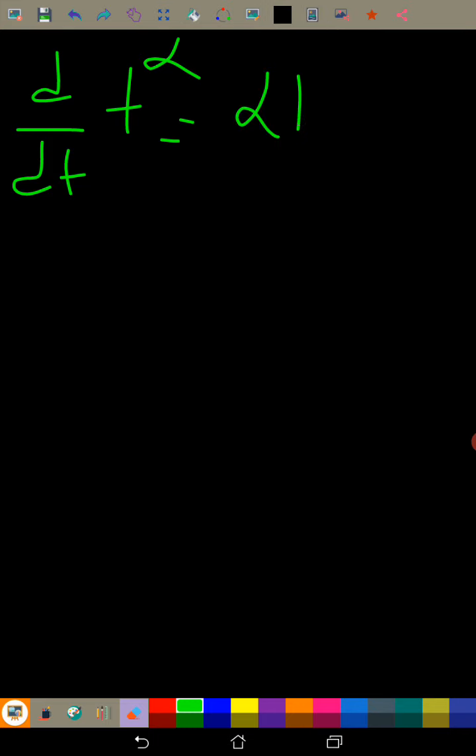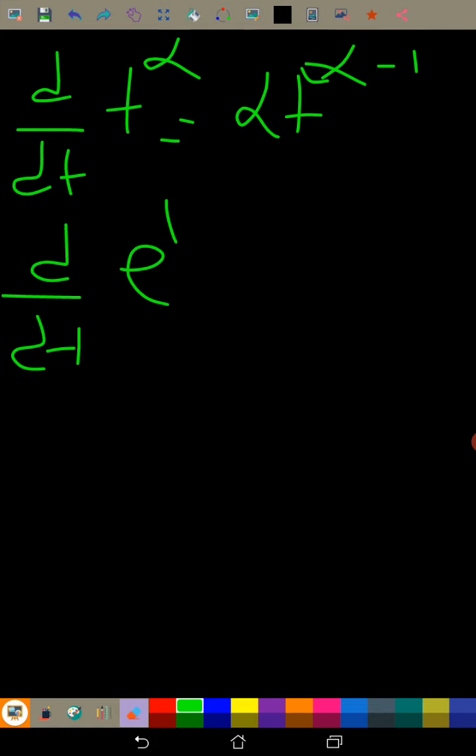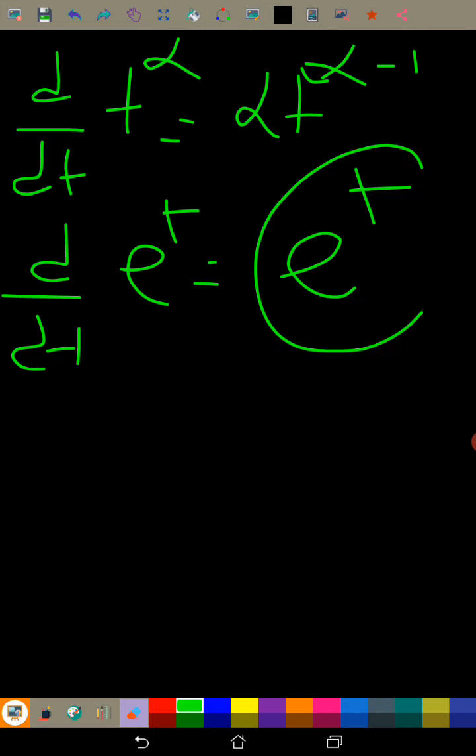So we know it's going to be alpha t to the alpha minus 1. It's something simple, but if we have d dt of e to the t, it's going to be e to the t. Don't ask me why. Probably because, differentiate an exponential, it stays the same.